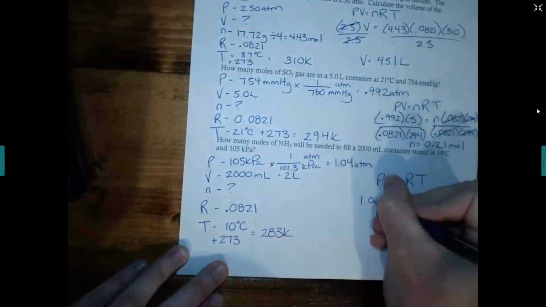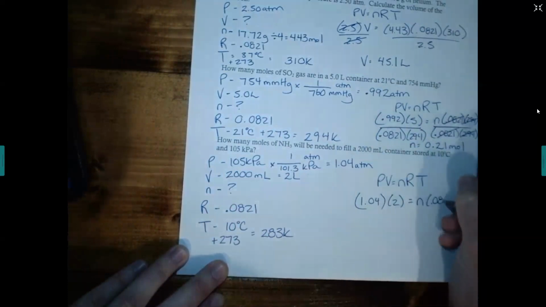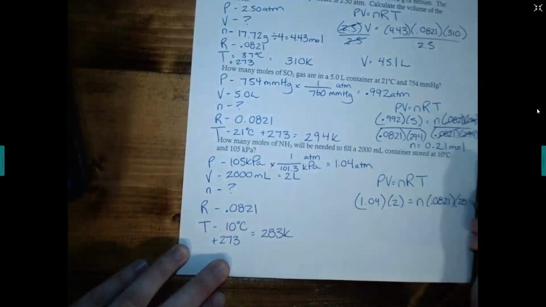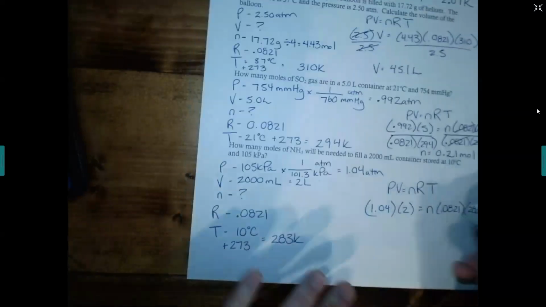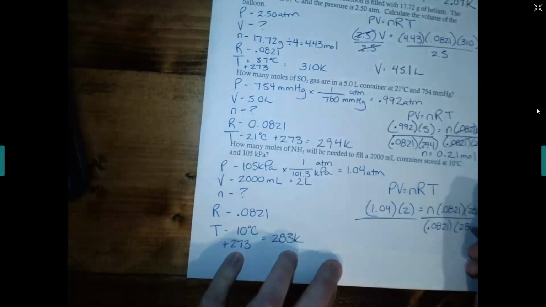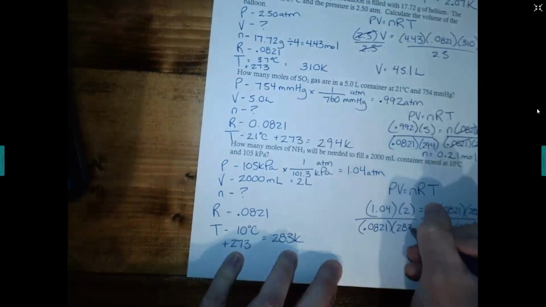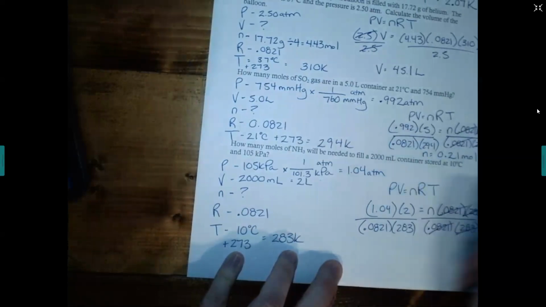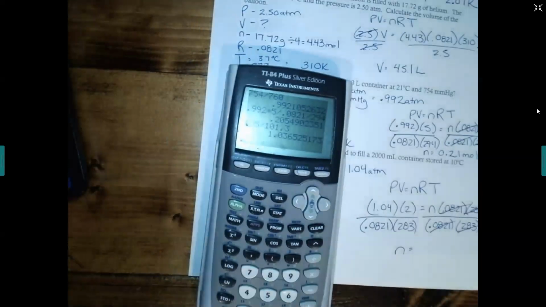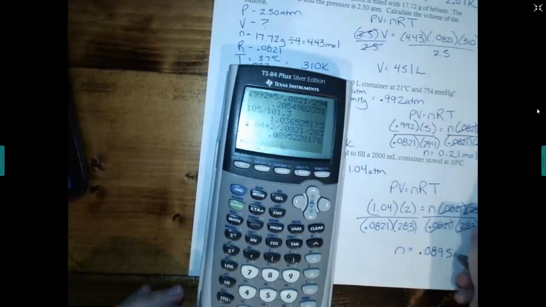So for pressure, we've got 1.04 times 2 for our volume equals n times 0.0821 times 283 Kelvin. Divide both sides by 0.0821 and by 283. So this cancels, and let's solve for n. We get 0.0895 moles.